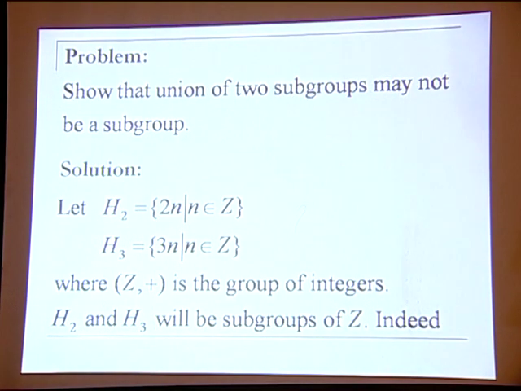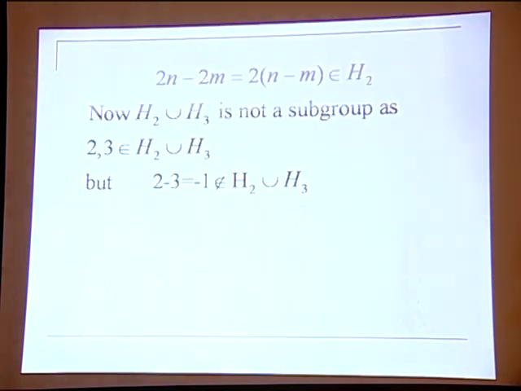Now H2 and H3 will be subgroups of Z. Indeed, 2n minus 2m is equal to 2 times (n minus m) belongs to H2. Now, H2 union H3 is not a subgroup, as 2 and 3 belong to H2 union H3, but 2 minus 3 is equal to minus 1 does not belong to H2 union H3.